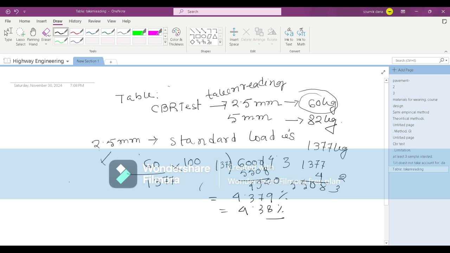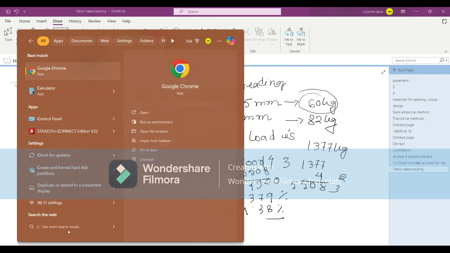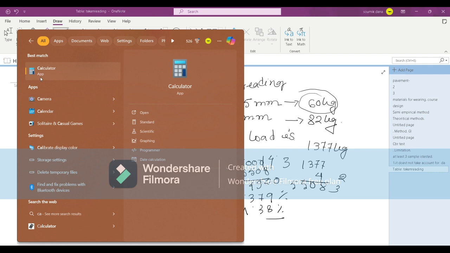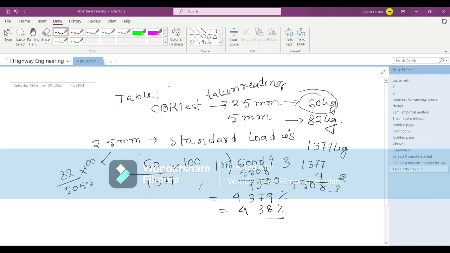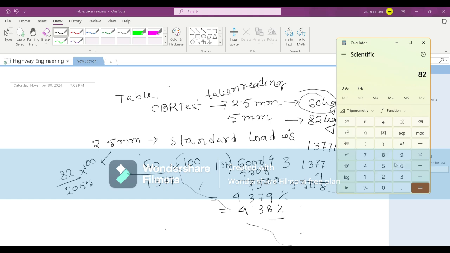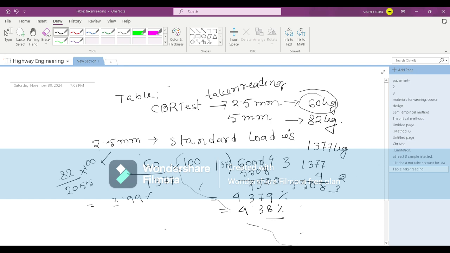And similarly for 5 mm penetration, 82 divided by 2055 kg into 100 is equal to 3.99%.